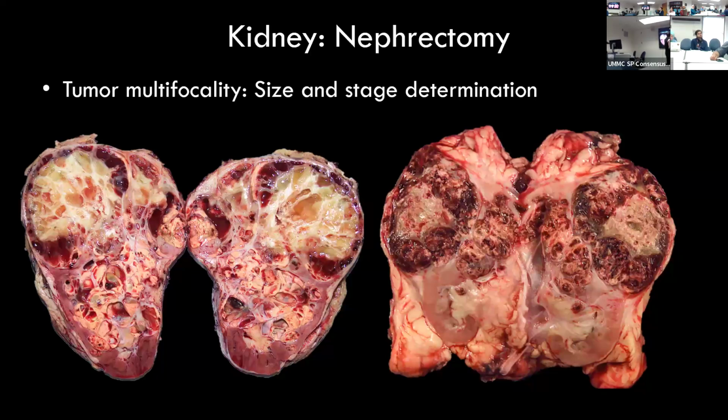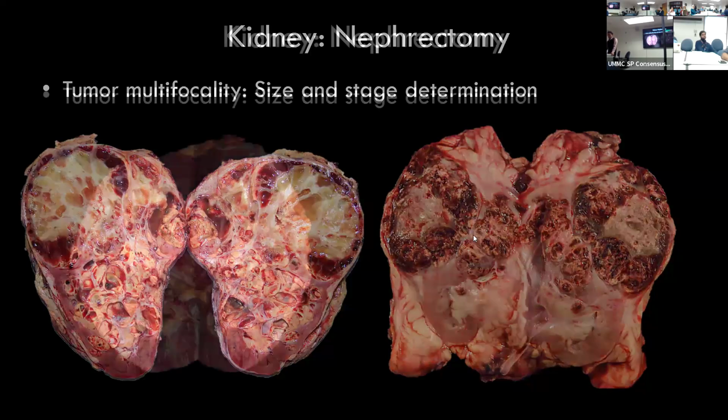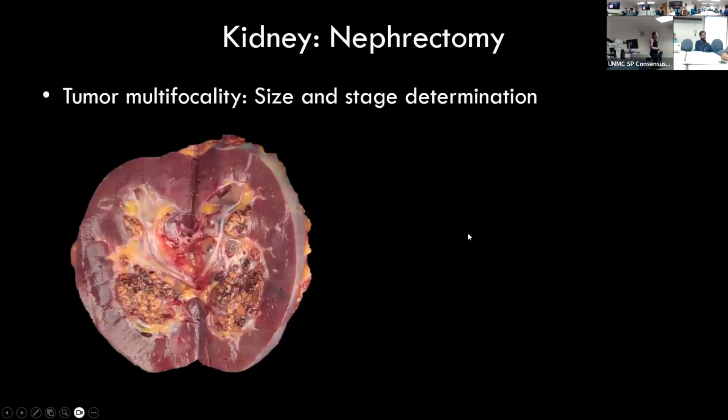But in some cases, it might be a little bit more difficult, like here in this other example. So there's a large mass over here, and then two medium-sized nodules over here, and then a little nodule over here, and a little nodule over here. So the question is, is this one large mass, and should I say that's another smaller mass, or should I measure the whole thing? So it's slightly more difficult than this example, but I guess it's not as difficult as some of the other things I'm going to show here.